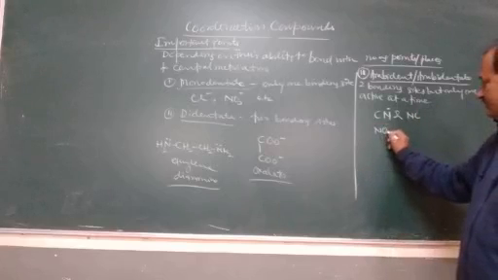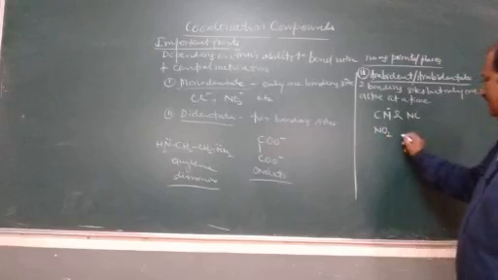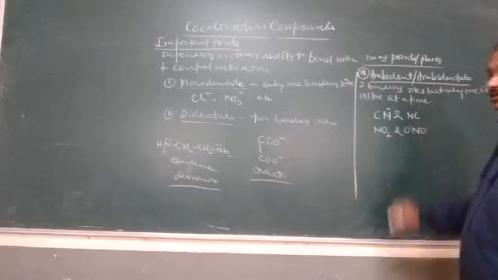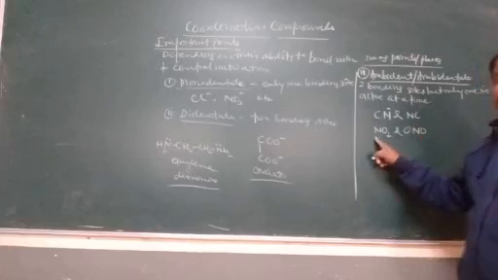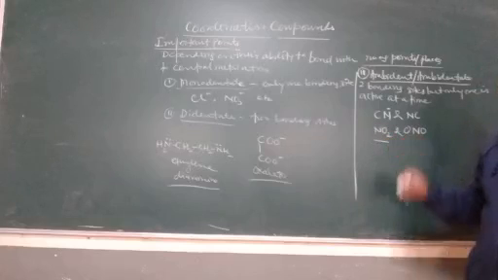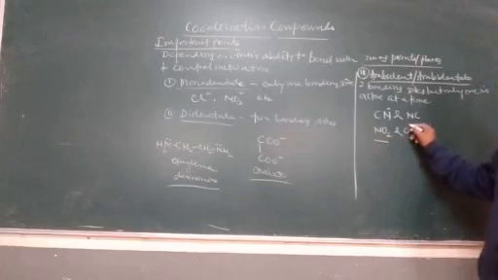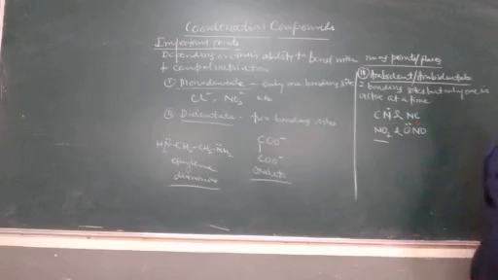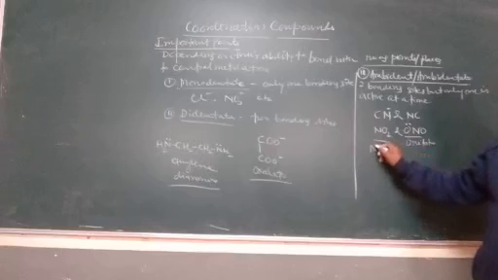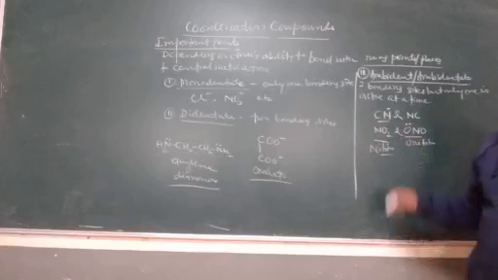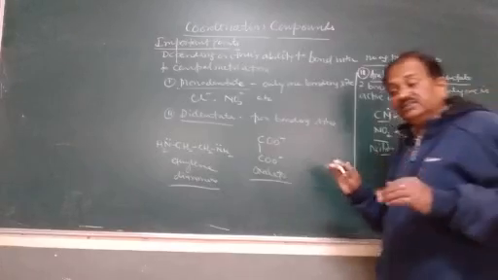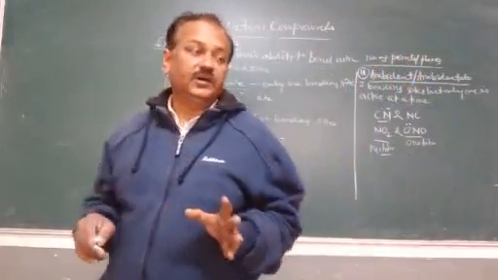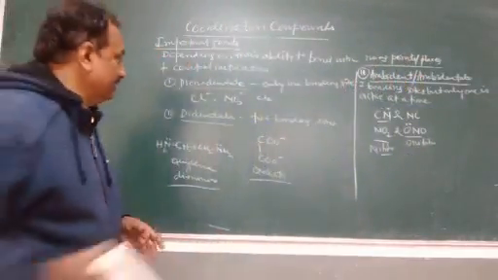Then NO2 and ONO. Here it is called nitrito if it is bonding from the O side, so it is O-nitrito. This is simple nitro. This is cyano. This is isocyano. So this is an ambidentate ligand.